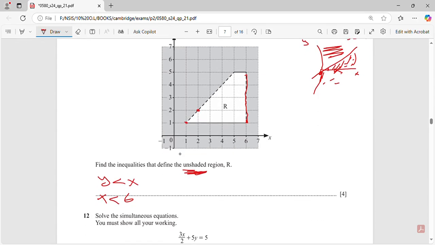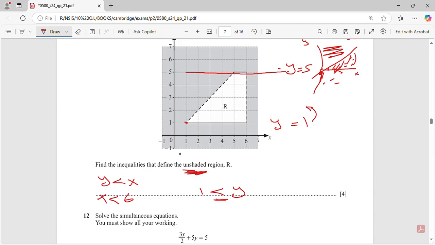Now for this line, y equals 1, I shaded the part which is greater than 1, so it would be y greater than or equal to 1. Why do I put equal here? Because as we can note, the line is solid, but here I didn't put any equal because it's a dashed line.